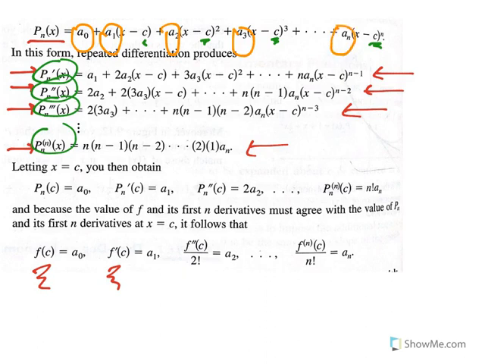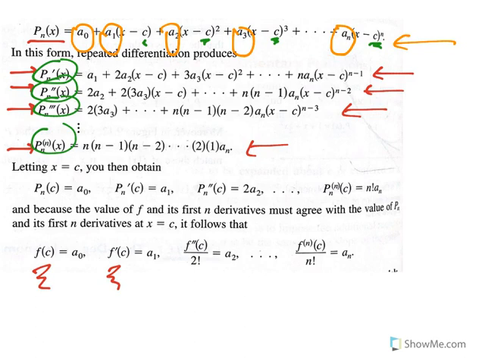And once we know what the coefficients are, we will know what function we should have as our nth degree polynomial approximation for f of x centered at x is equal to c. That's basically the structure that you should see when you're looking at this particular page.